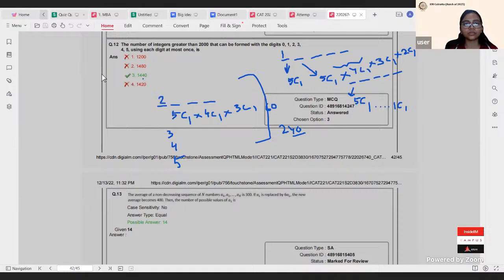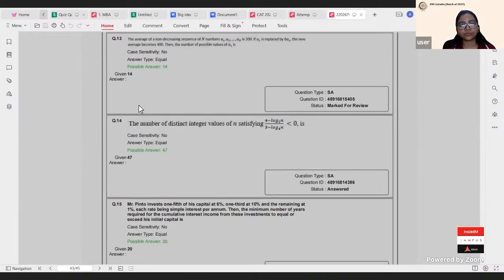I'm not going into the calculation part of it because of time constraints. So the average of a non-decreasing sequence of n numbers. So again, this will be purely based on formula. So like A1 to AN gives us 300. And then 6A1 to AN gives us 400.